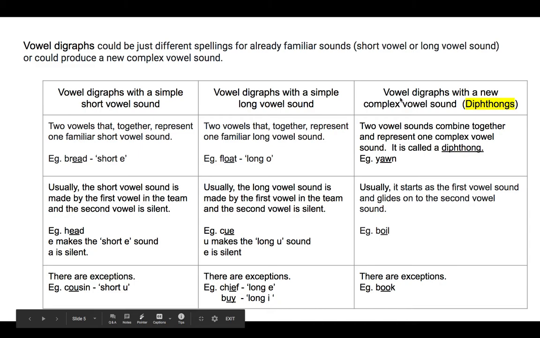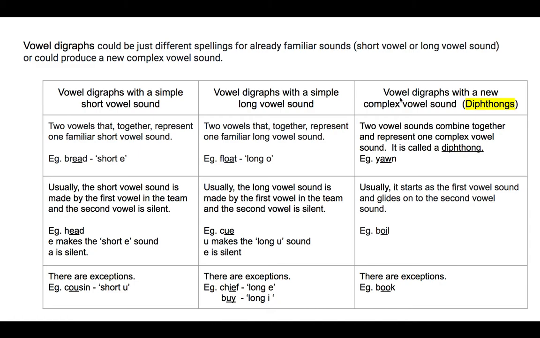The third classification is the vowel digraph with a new complex vowel sound. In this case, two vowel sounds combine together and represent one complex vowel sound. This is called a diphthong.